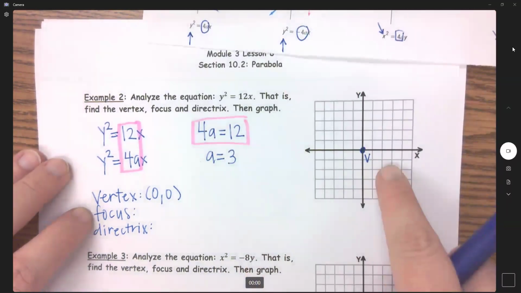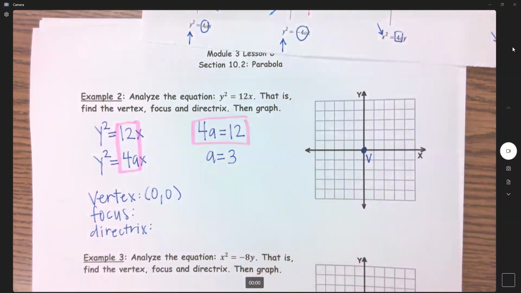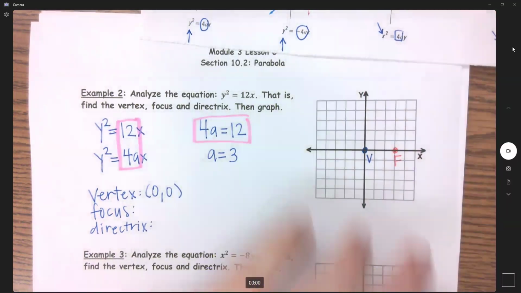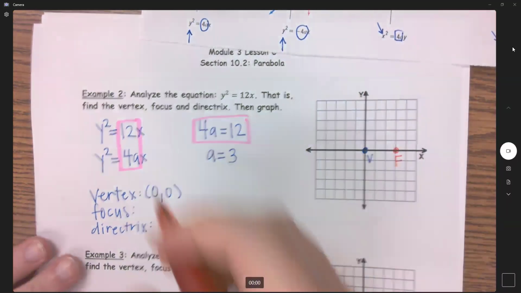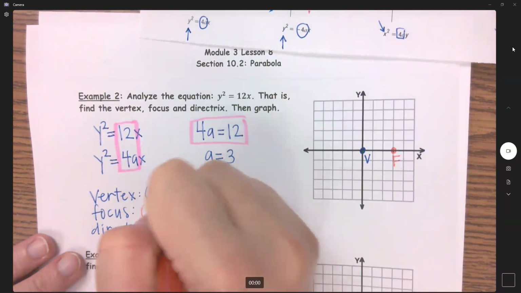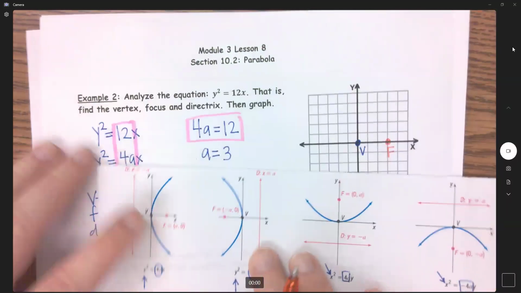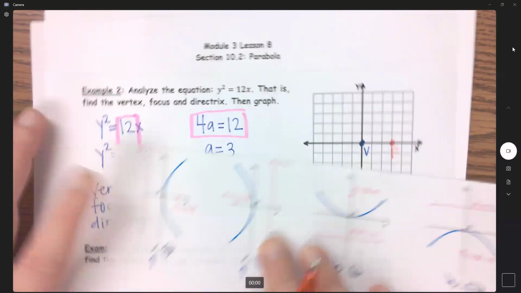So I'm going to go A units from this vertex to give me my focus. So my focus is at the ordered pair 3, 0, which is what we have right here, A, 0.